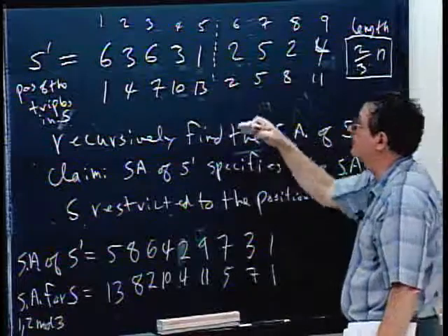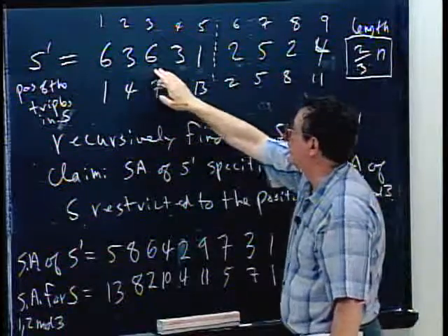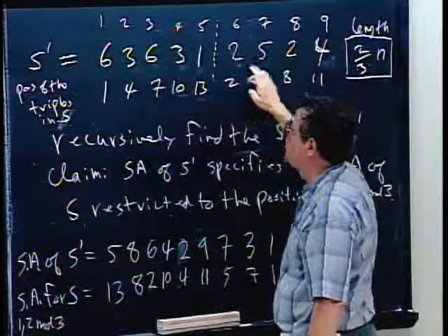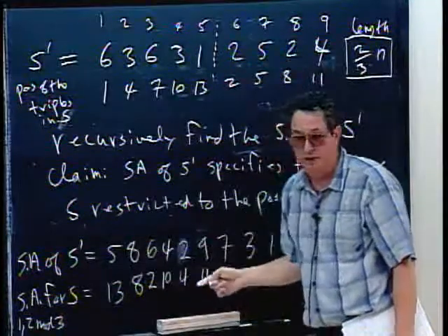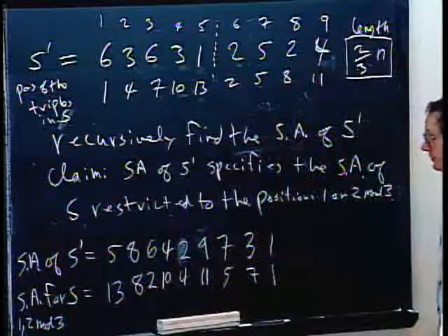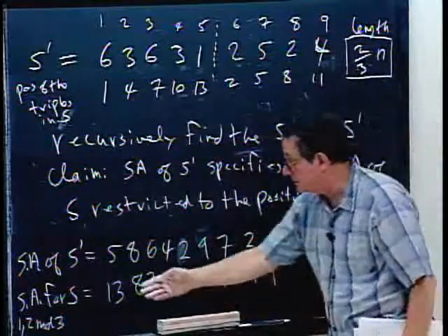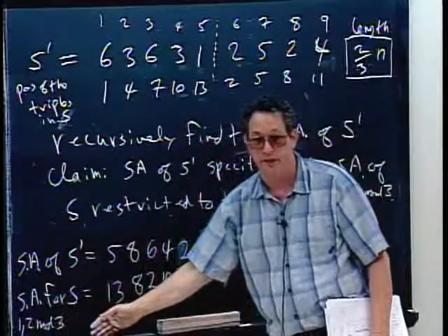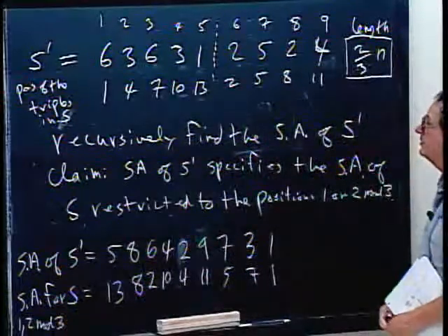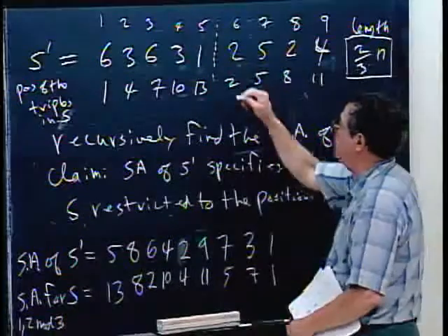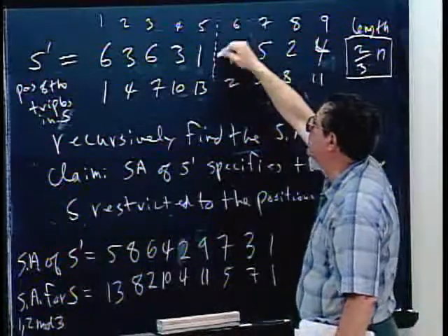And therefore, when you do a lexicographic sorting of the suffixes in S prime and find a suffix array of S prime, it really does correctly correspond to a suffix array in S for positions 1 and 2 mod 3. This is conceptually the hardest part of this whole method, to convince yourself that these comparisons will never, in fact, cross the midline.